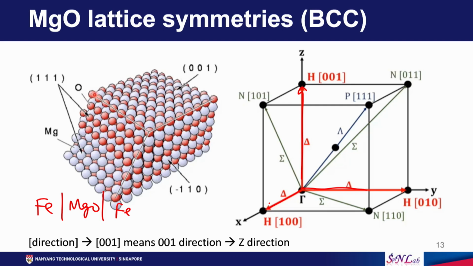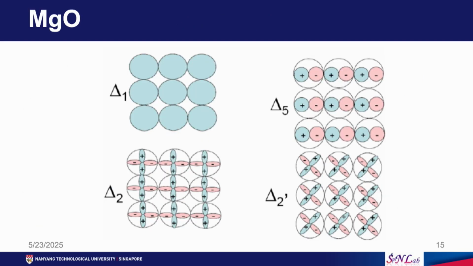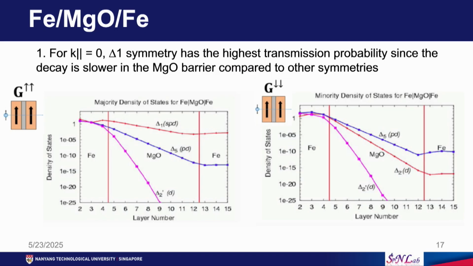The probability for an electron to tunnel from this side to the other side when the two magnetizations are parallel is higher through this delta band. Okay. So, that is what he proposed. They look at various symmetries. Let me jump through many slides.